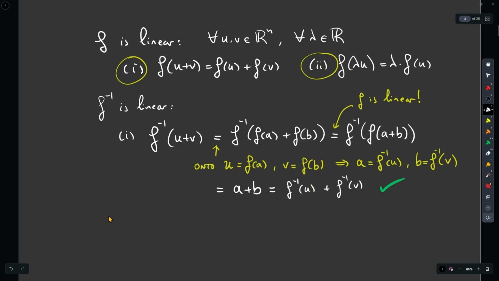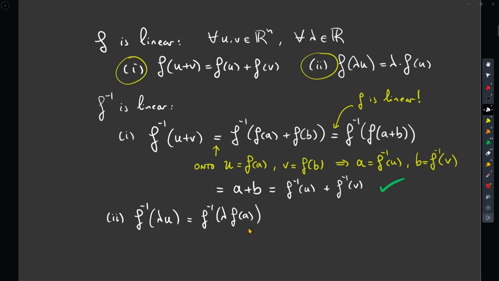All right, let's see what happens with the second property. For the second property, I have to see what happens to f inverse applied to the scalar of a vector. And I'm going to do again what I did before, which is substitute u by an image. So u is in the image, so u is f of a for some a, and then use linearity of f to bring that lambda inside this f.